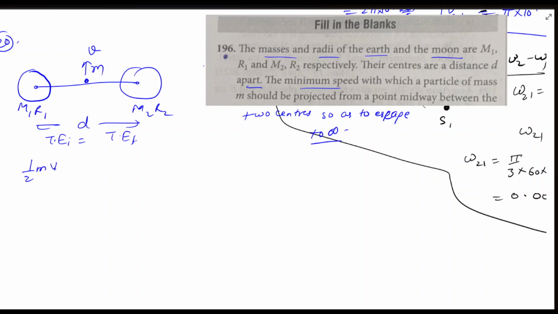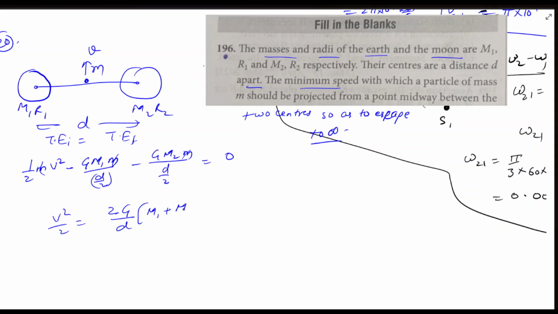So initial total energy will be half mv square minus potential energy, G M1 small m by d by 2, minus G M2 small m by d by 2, will be equal to the final energy, which will be 0. So small m will get cancelled and we have v square by 2 equals 2G by d (M1 plus M2).